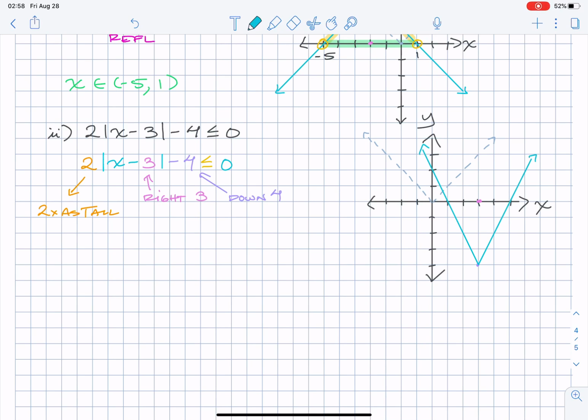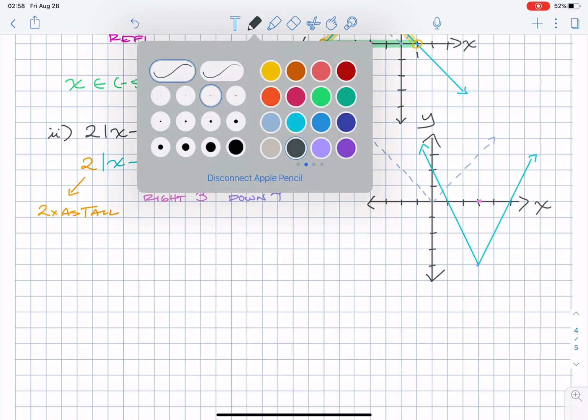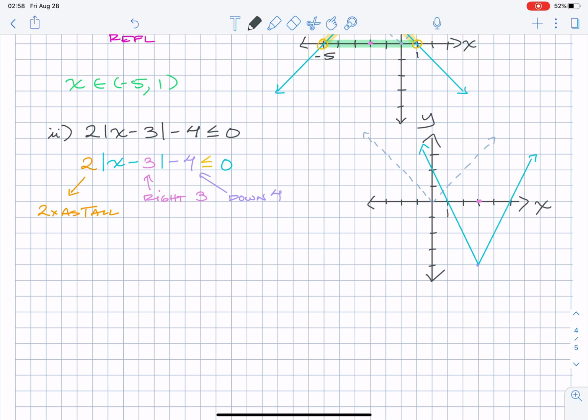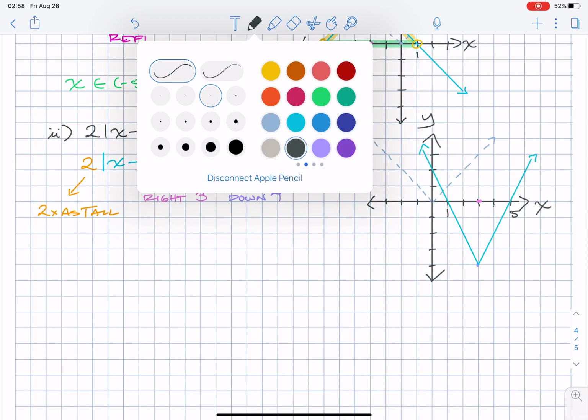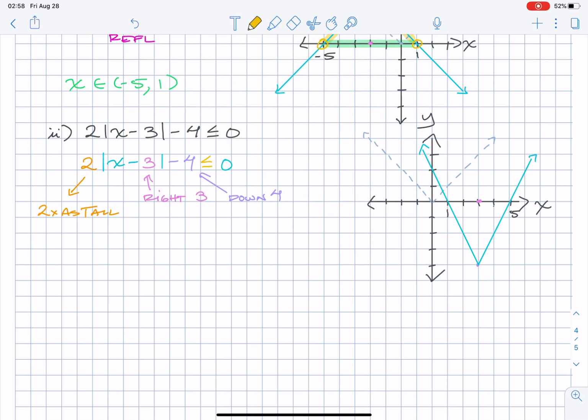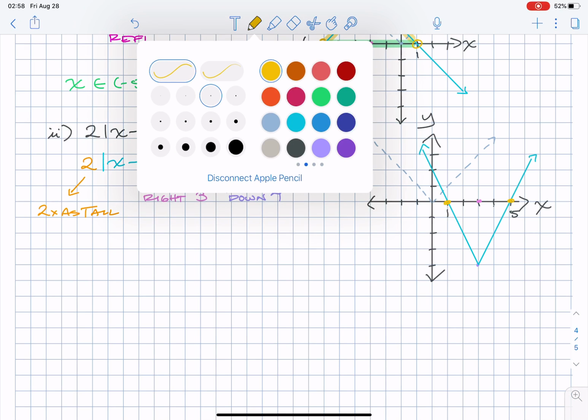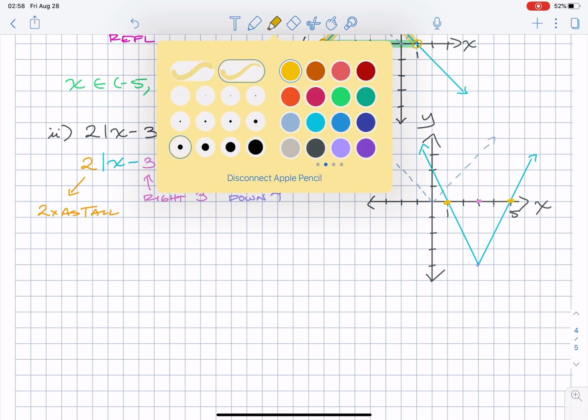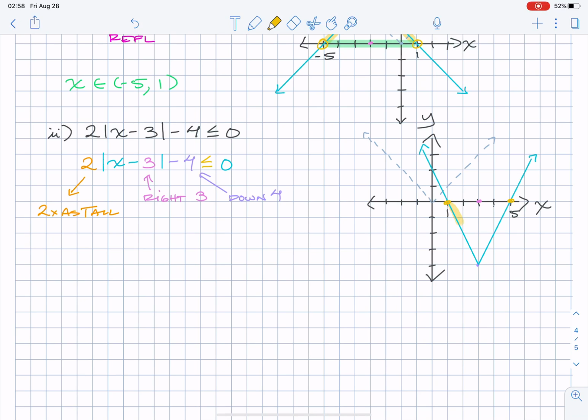Okay, so 1, 2, 3, 4, 5. Well, that's interesting. Okay, so I'm looking for a solid dot, which can be 0, and then I want everything less than or equal to 0. So less than or equal to 0 for y would correspond to down here.